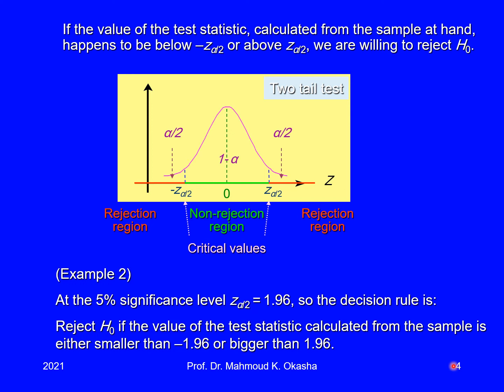So the decision rule will be: reject H naught if the value of the test statistic calculated from the sample, which we call the observed test statistic or observed Z, is either smaller than minus 1.96 or bigger than plus 1.96, right?